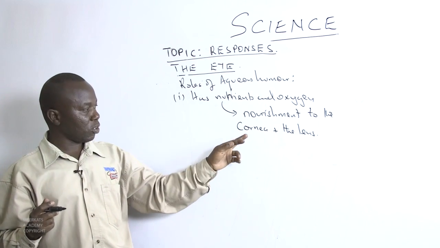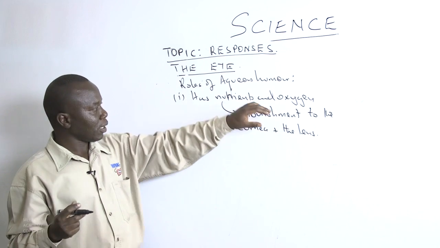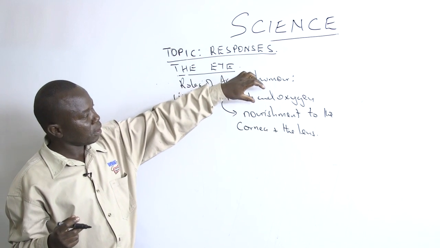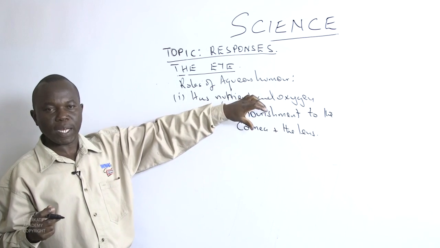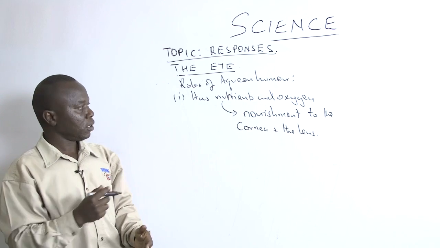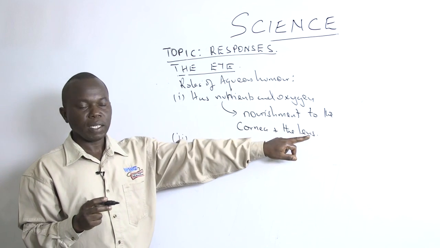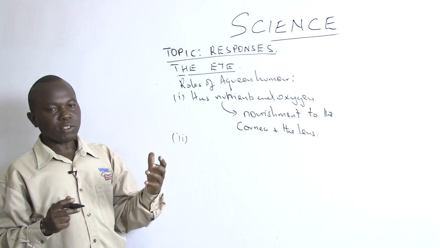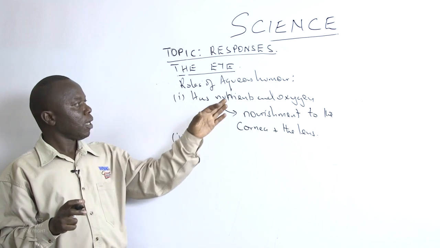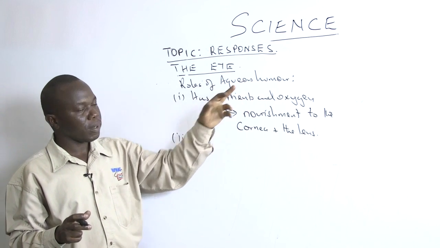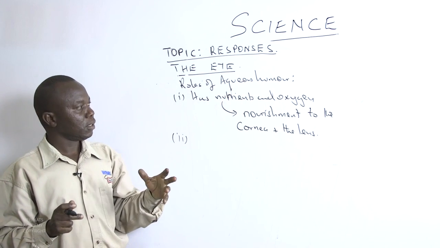Remember, it's the one that's in contact with the cornea and the lens, and has nutrients and oxygen. So it's supplying nutrients to these two structures, the cornea and the lens. And also, most of the material found in aqueous humor is water.